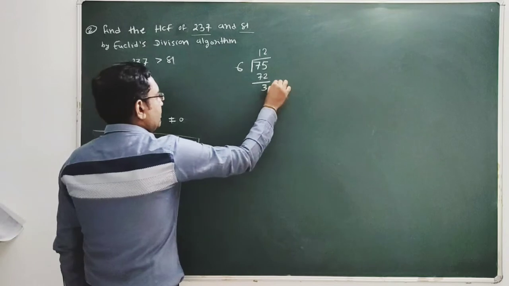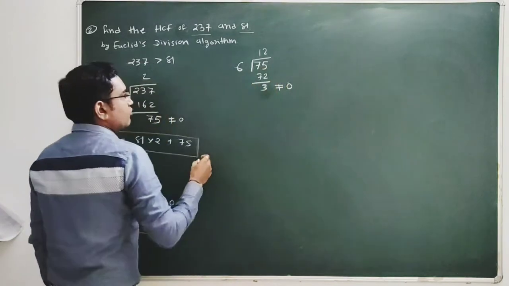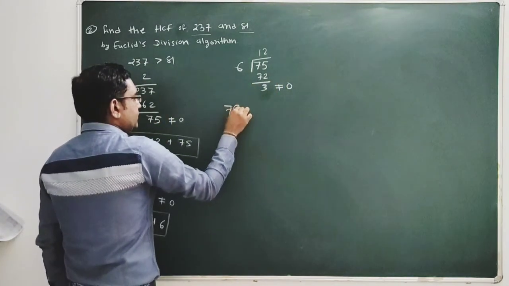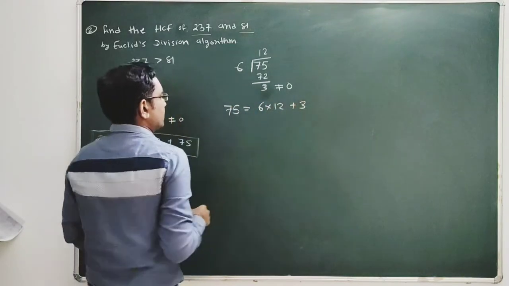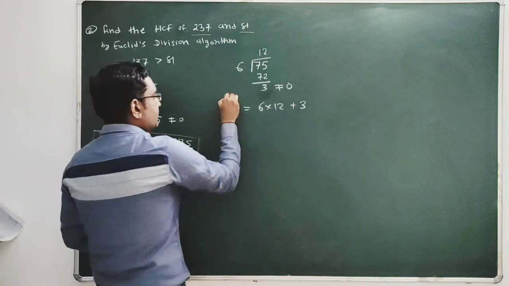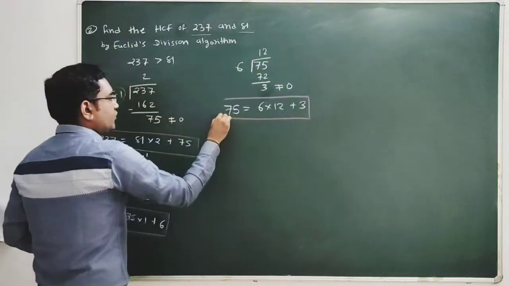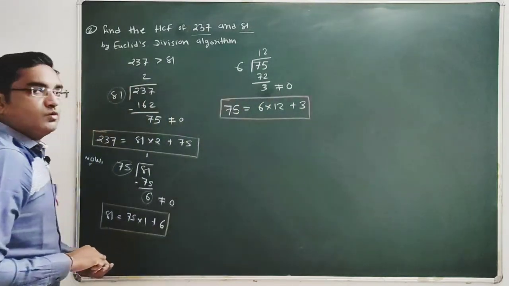So now again the remainder is not equal to 0, so we can write this 75 as 6 into 12 plus 3, by using Euclid's division algorithm.